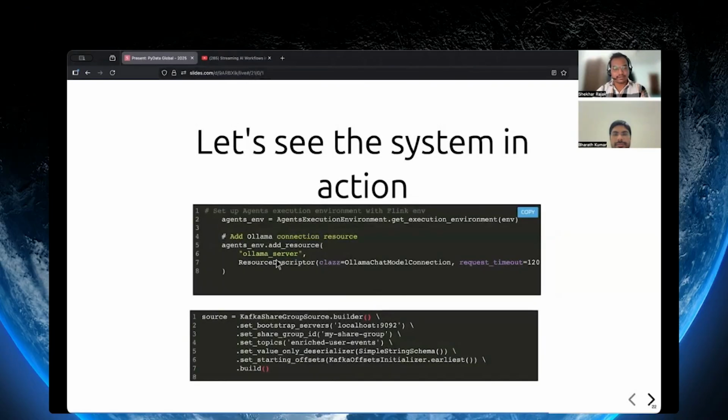So this is a small code snippet where we initialize the agent environment and add the resources here using an Ollama chat model connection. The Kafka share group API will look like this, where we set the share group ID, bootstrap server, and how we would like to deserialize it.